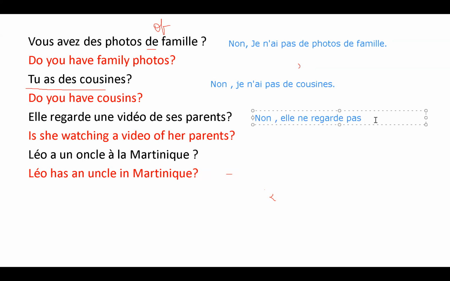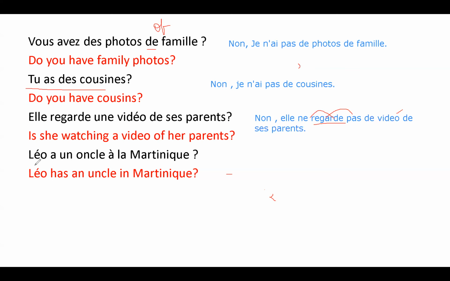You converted "une" to "de", the video, ses parents. Yes, so here you can see ses, parents, that is, the video of her parents. So it's like elle ne regarde pas de vidéo de ses parents. Negation. We are giving the negation. So negation becomes ne and pas. The verb is regarde. You put ne before that and you put pas after that. So elle ne regarde pas de vidéo de ses parents.